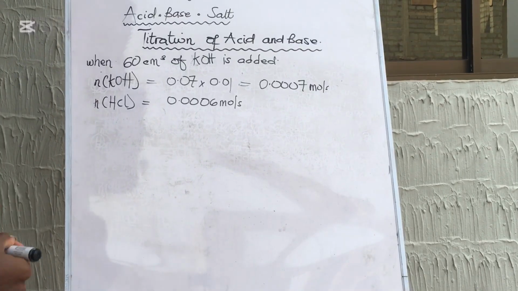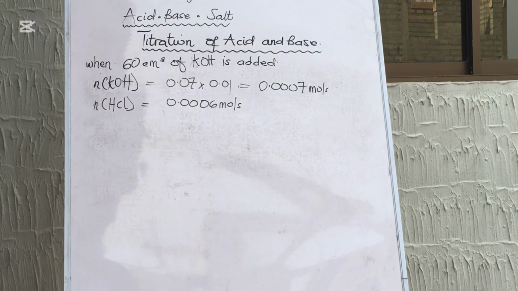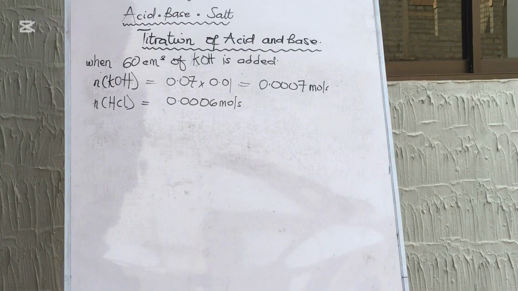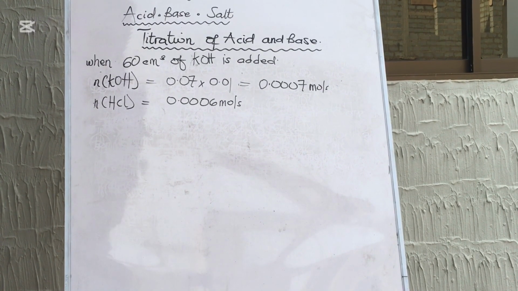So now looking at the difference, we are having something, they are not the same. We are having the base to be in excess as compared to the HCl. So we find the difference in it. And we having KOH in excess, we have to reach a basic region. We don't have to still be at 7. So we need to bypass 7.